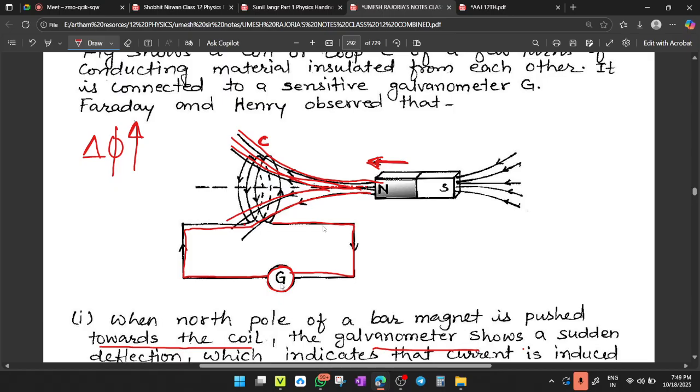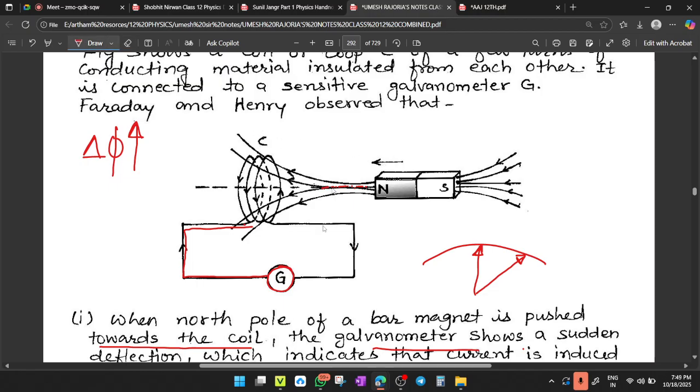So definitely the galvanometer pointer will deflect in some direction, right? Now talking about the direction of current. See here, what will be the direction of current?